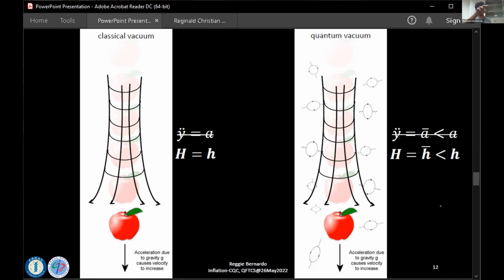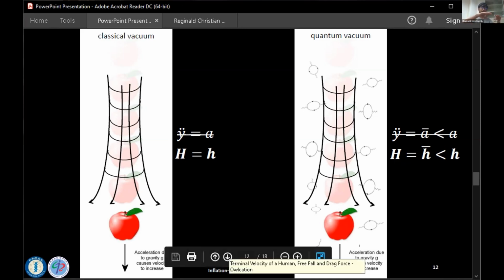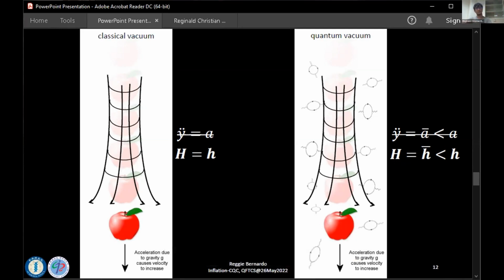Without that, the Hubble function is just going to be this starting point I considered. In the presence of a quantum vacuum, the modes of the quantum harmonic oscillator make the Hubble function instead something else, which is always smaller than its value without the backreaction of the modes.